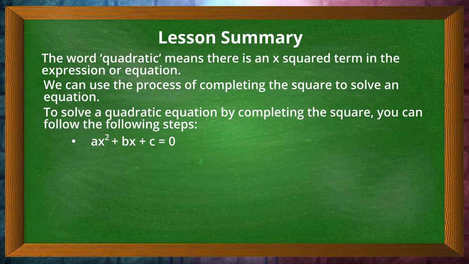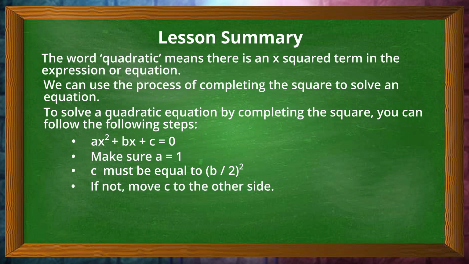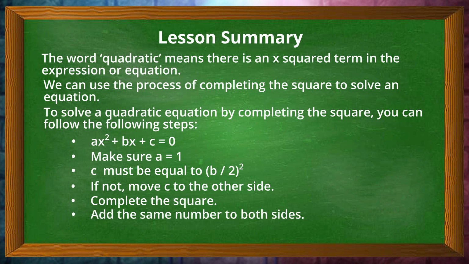Ax squared plus bx plus c is equal to 0. Make sure a is equal to 1. C must be equal to open bracket b divided by 2 close bracket squared. If not, move c to the other side. Complete the square. Add the number to both sides.